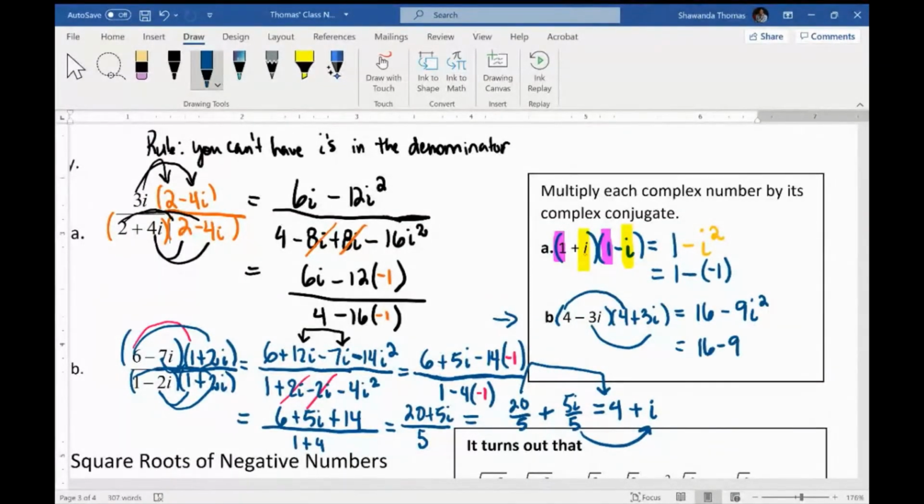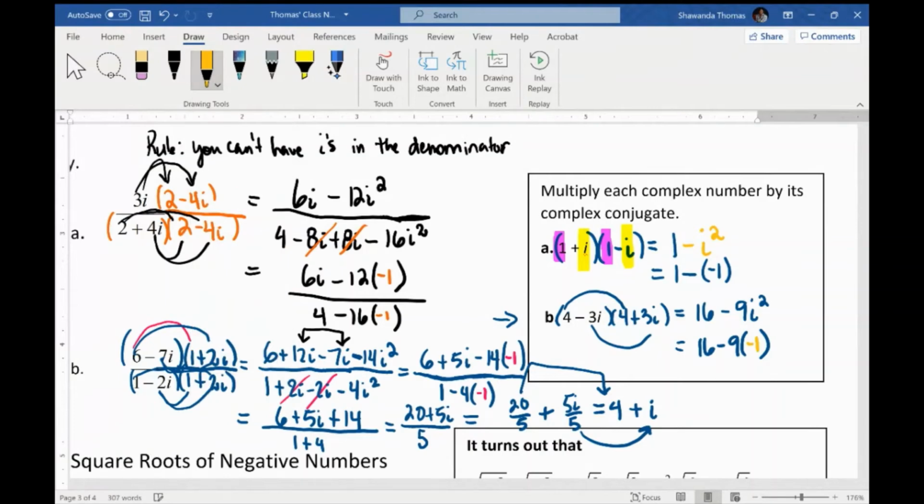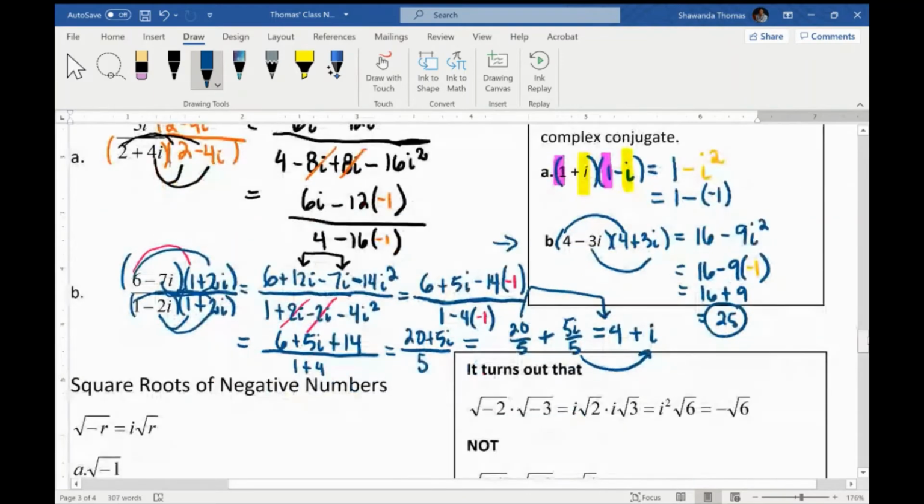We change the i squared to a negative 1, which makes this 16 plus 9, which equals 25. So if you got 25, very good. I think we're good on that.